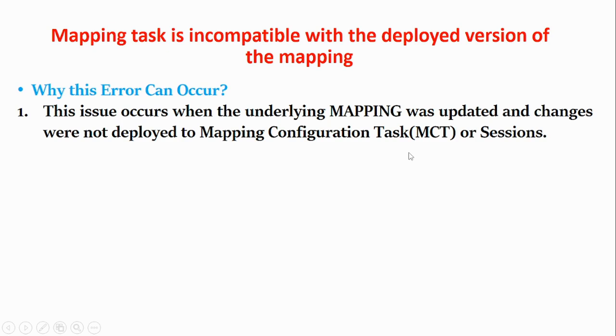It simply means that in your mapping you have added some parameter, for example you have parameterized the connection, but after adding it you have not reselected that mapping in the session, and you have not given the value of that parameter in the session. In short, you have not refreshed your mapping properly after making changes, so this kind of error can occur.